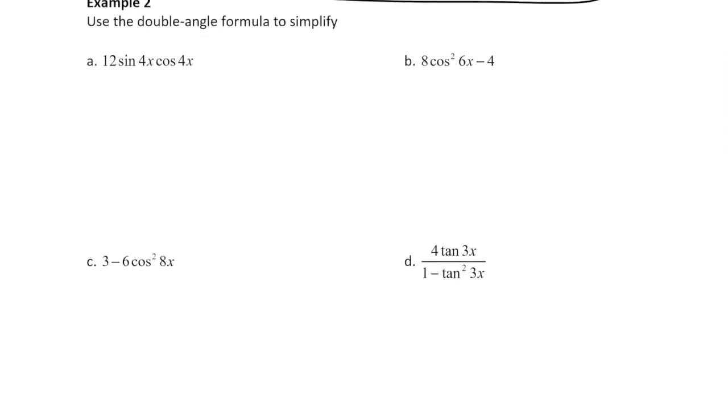Now, a common question is to ask you to simplify some double angle identities. So something like 12 sine 4x cosine 4x. How could that be cleaned up in some way? And this is one of the trickier concepts to be able to work with. What you want to do is compare this to a form that looks familiar.